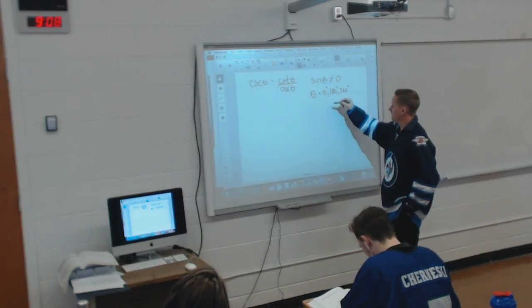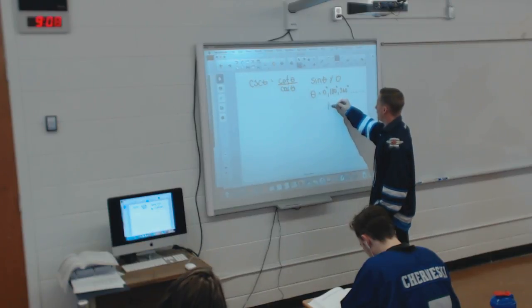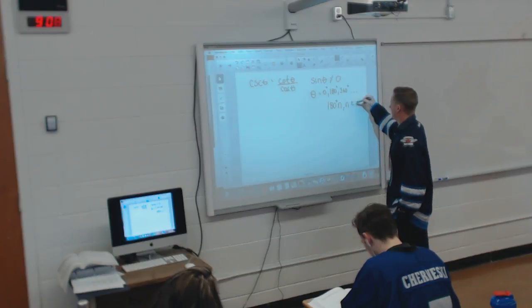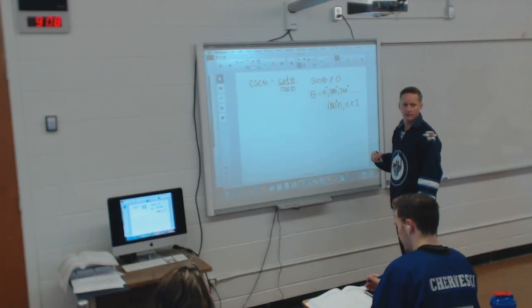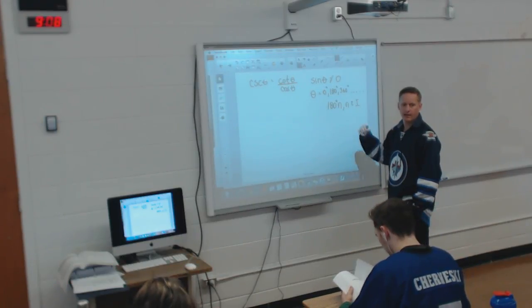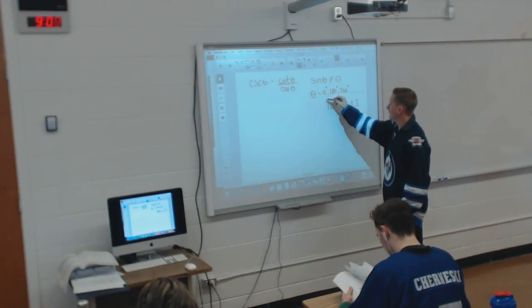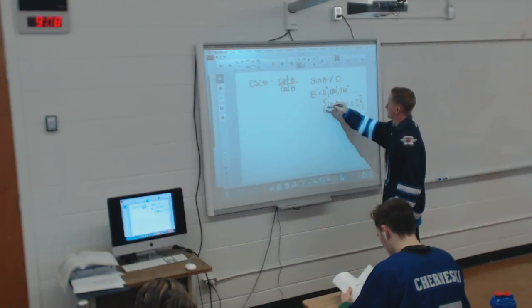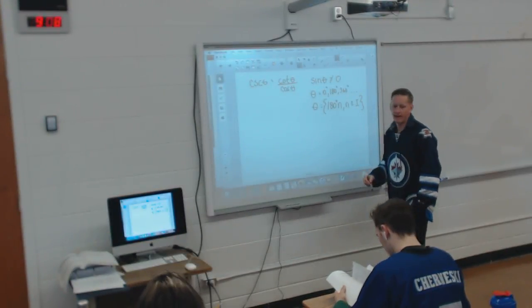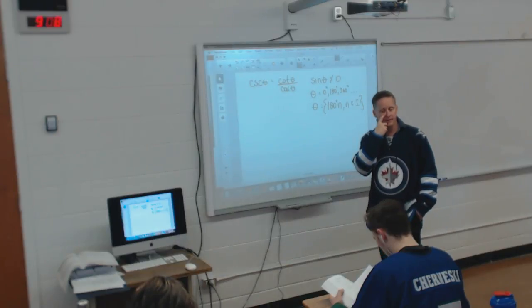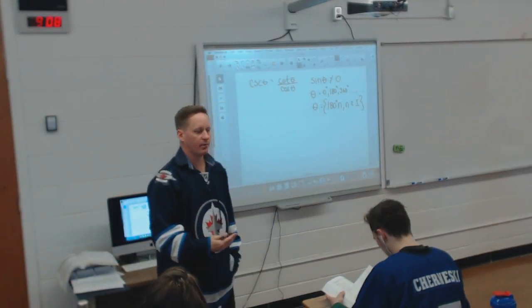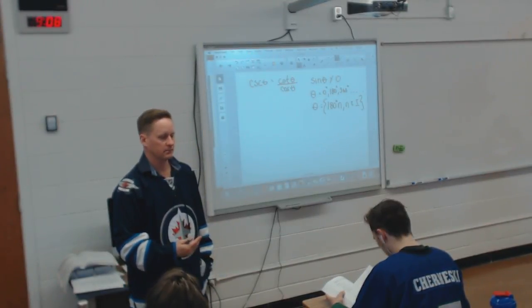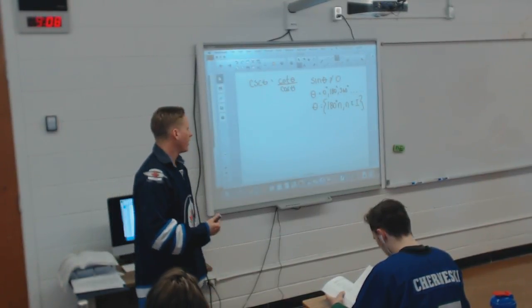So it's 180 degrees n, where n is an integer. So 180, 2 times 180 is 360, and so on. You have to have that in squiggly brackets, because it's a domain, you need to show it in squiggly brackets. If I did that without the bracket, I'd take off half a mark.